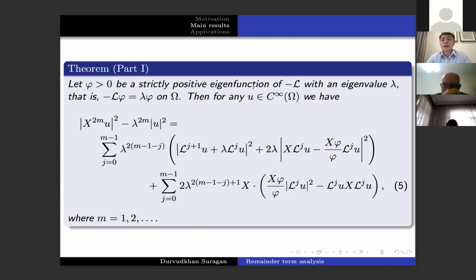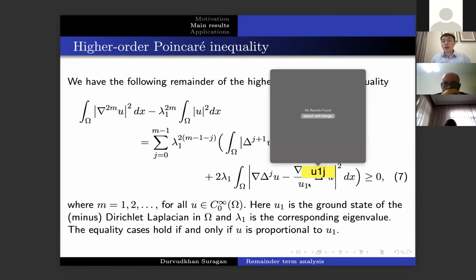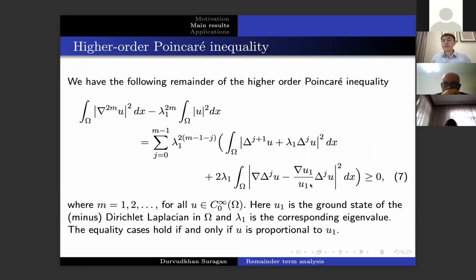Indeed, in the classical case, we have a very nice operator, which is compact and self-adjoint, and everything is fine there. So instead of that lambda, we can take the first eigenvalue of the Dirichlet Laplacian, and instead of the psi there, we can take U1. So U1 here is just the first eigenfunction, or the ground state, of the Dirichlet Laplacian in omega.